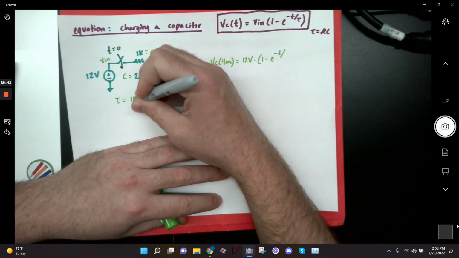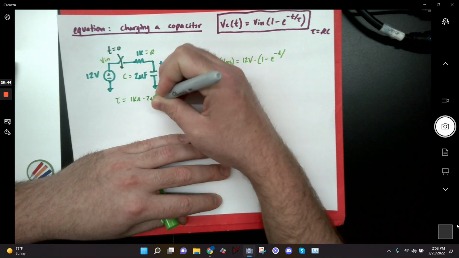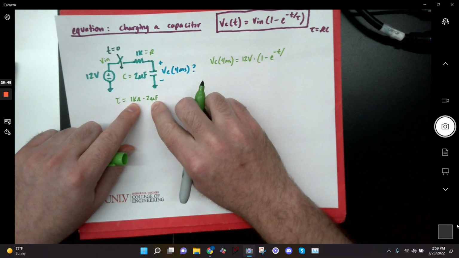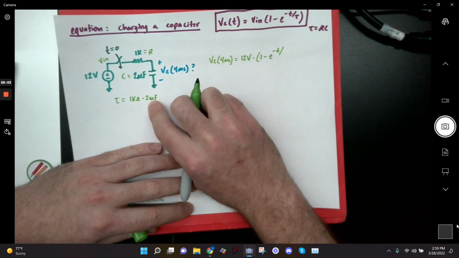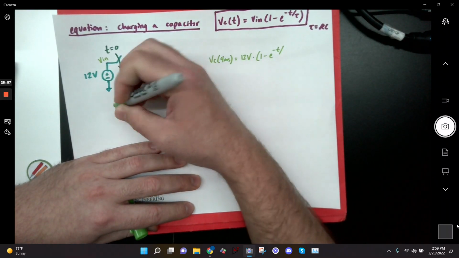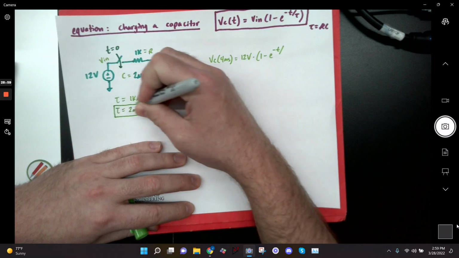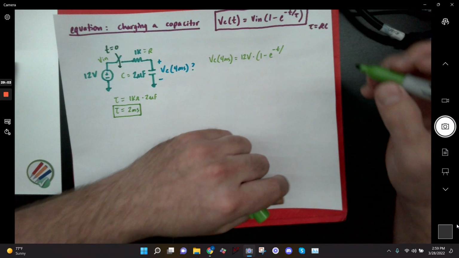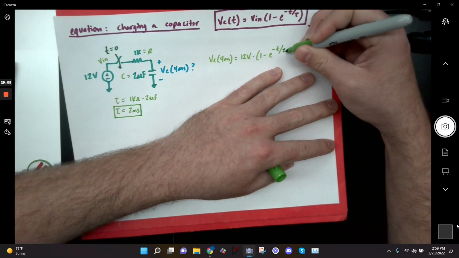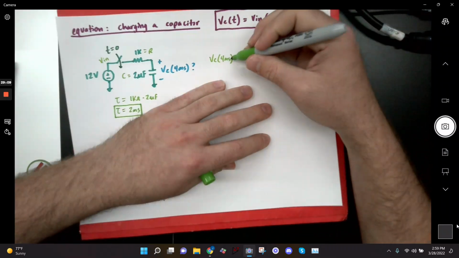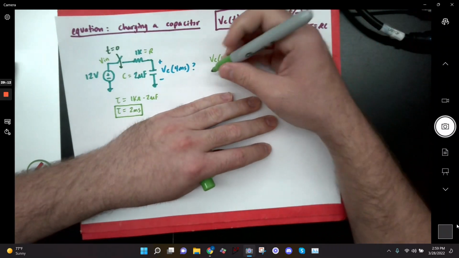So it's going to be 1 kilo ohm times 2 microfarads. K is 10 to the 3. Micro is 10 to the minus 6. So I'm going to have units here of 10 to the minus 3. 1 times 2 is 2. So my tau is going to be 2 milliseconds, okay? Everybody cool with that? All right. So now I plug 4 milliseconds in for t.